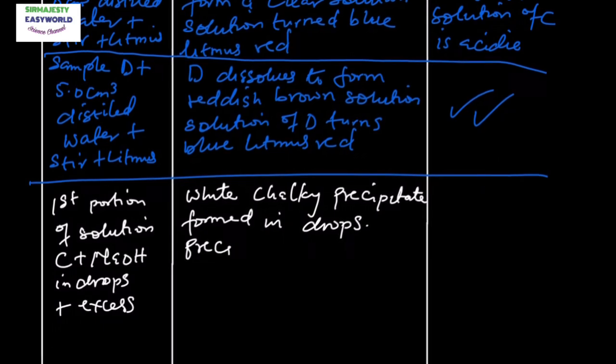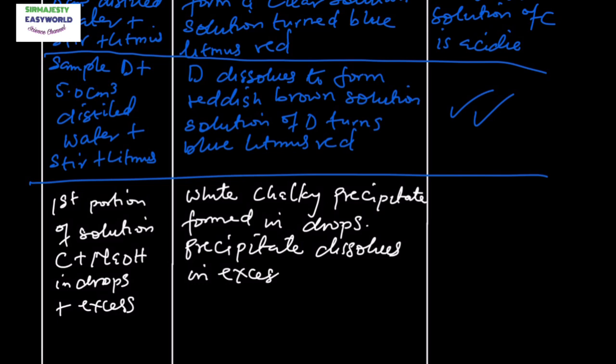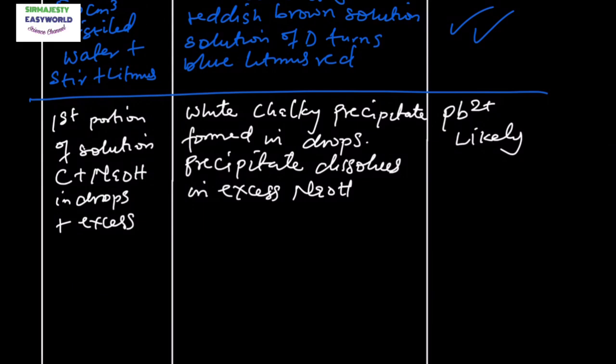Precipitate dissolved in excess, or soluble in excess. What's your inference? Since it's powdery, no need of putting aluminium here. Lead(II) likely, because it dissolved. Remember, calcium will form a precipitate but it will not dissolve. But since it dissolves, it's going to be lead(II) ion likely.